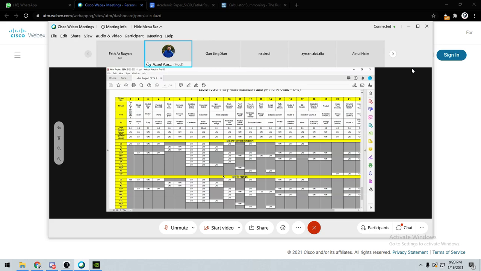Before I forget, another thing that you need to include in your solution is this. I'm sure, because from the question that you asked, I see that you have problems finding the information, right? So when you cannot find the exact information that you want, you might want to use assumptions.